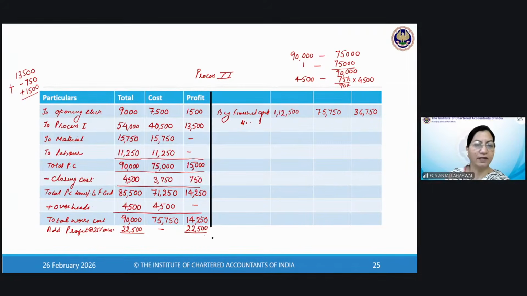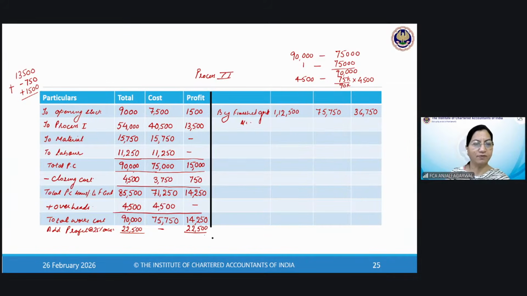So out of 90,000, if 4,500 is the closing stock, and because 90,000 has a cost of 75,000 and 15,000 profit, on that proportion basis, 4,500 should have a cost of 3,750 and 750 should be the profit in this.